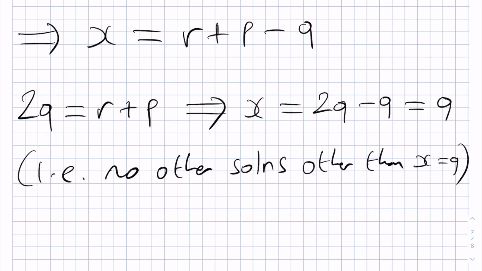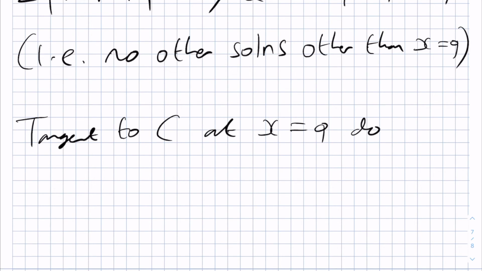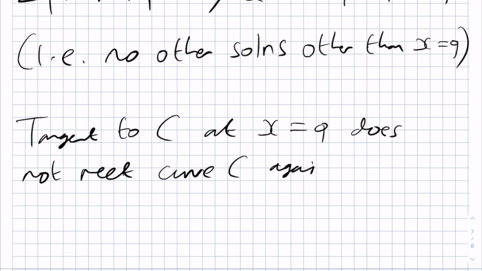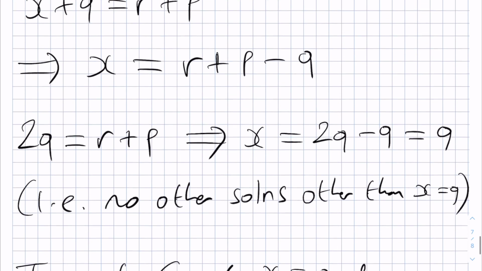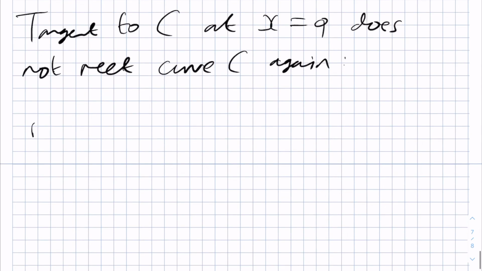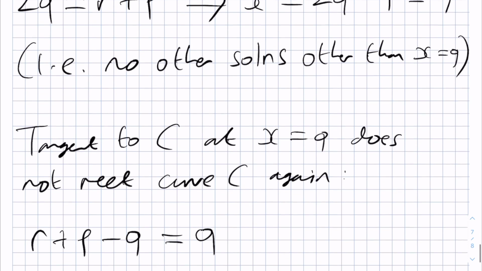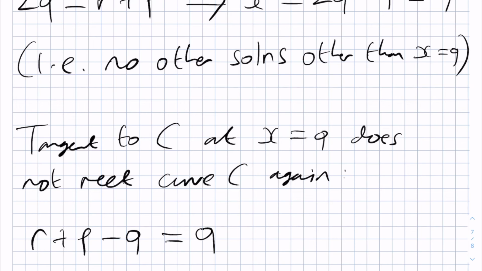So now we assume that the tangent to C at the point x equals q does not meet the curve C again, and then with this assumption, this tells us that r plus p minus q must be equal to q, because if it's not, then we have another solution, which contradicts this assumption here.